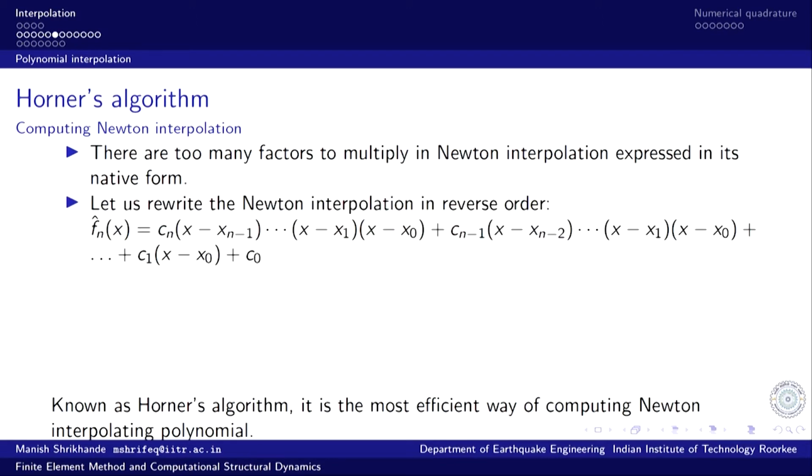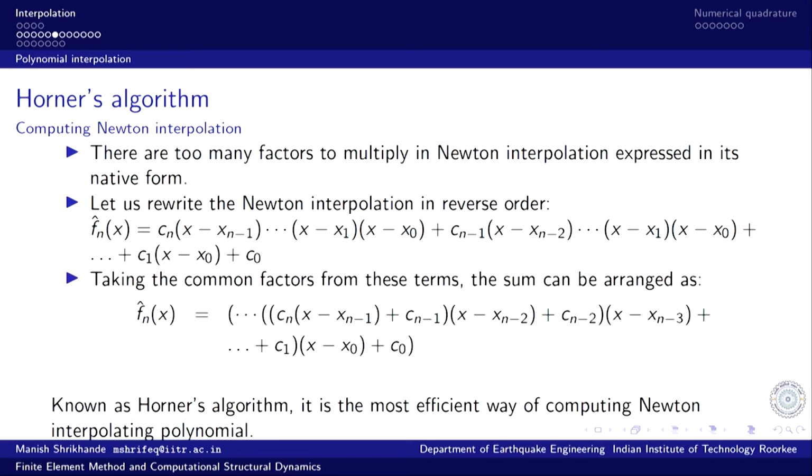So, we write the expression in the reverse order, and once we realize there are many common factors, it is easy to reorganize by taking the common factors out, and the number of multiplications drops dramatically. This is the most efficient way of computing the Newton interpolation polynomial, and it is called Horner's algorithm.